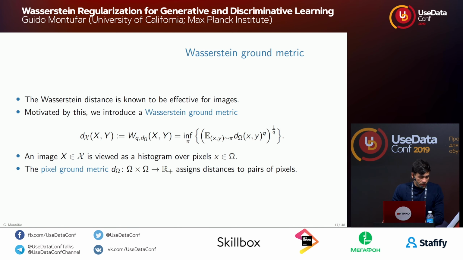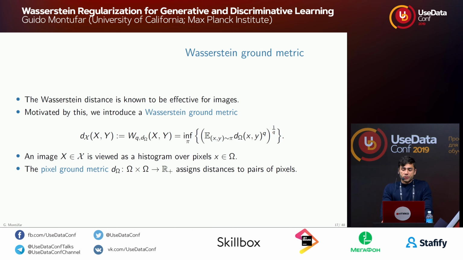So one interesting or good aspect is that this distance is known to be effective for images. If you consider images to be sort of histograms over pixels, and motivated by this, we want to introduce a Wasserstein ground metric.